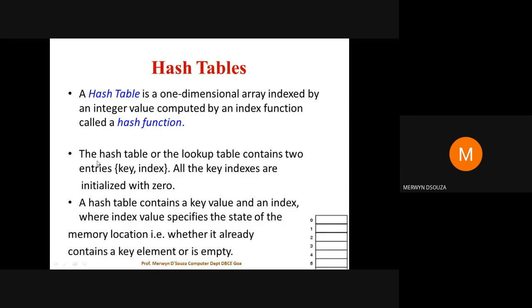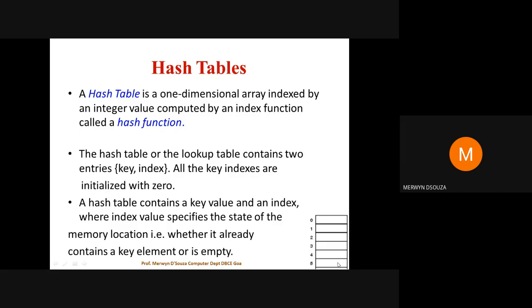Basically, the hash table will contain in each position two entries. One is the key, or the value that you're storing. And the second is the index. The index is nothing but your array index, which starts from 0. Initially, if you want, you can initialize your hash table to all 0.